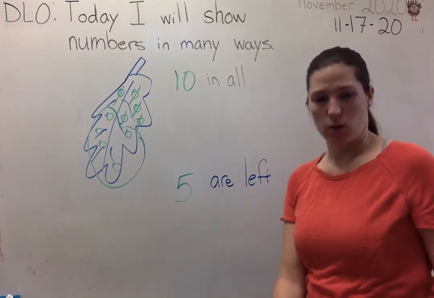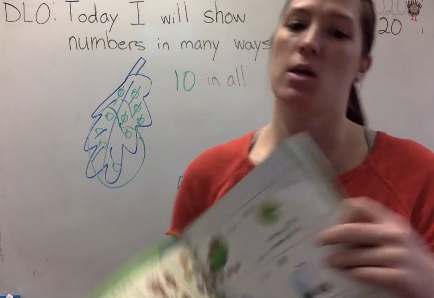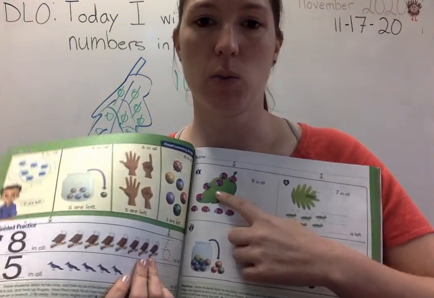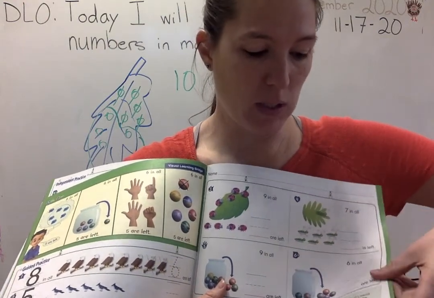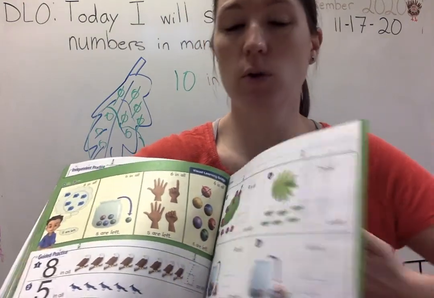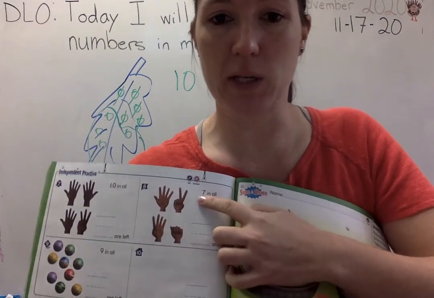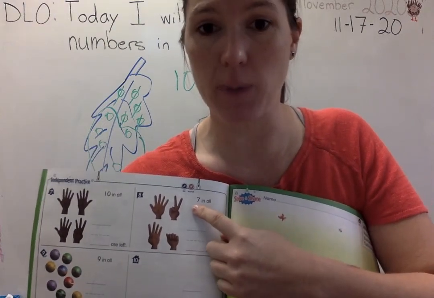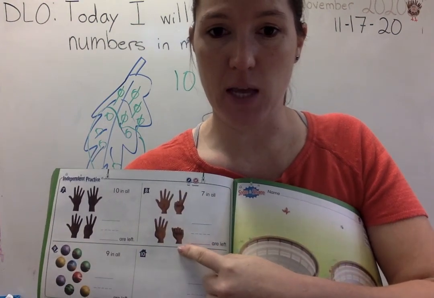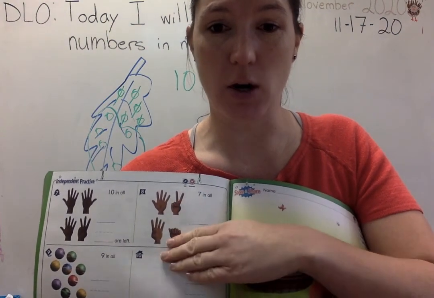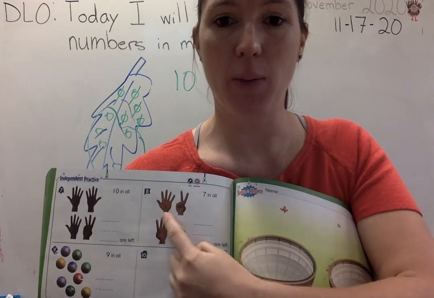So now it will be your turn to do some examples. In the book here, these ones, you'll count the ones that are remaining, and on the other side, it has some examples with the fingers. Don't get confused with the 2 sets of fingers, because at the top it'll tell you how many are in all. 7 in all, so that's the top fingers. Then you're going to have to say, these ones are gone, so how many are left?